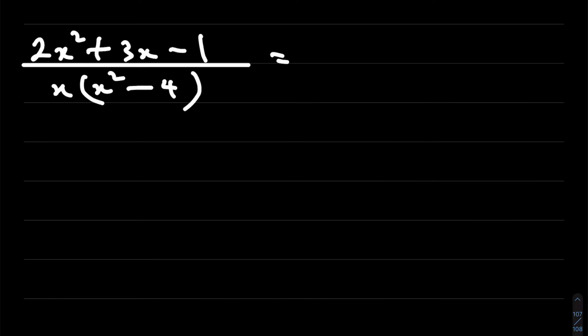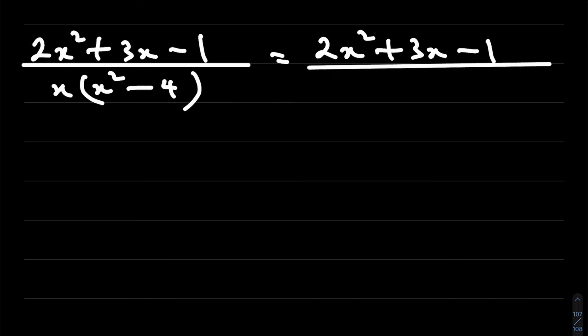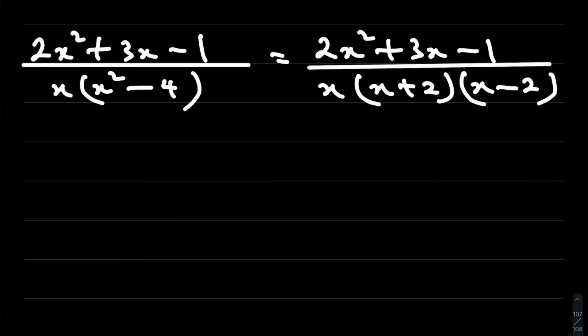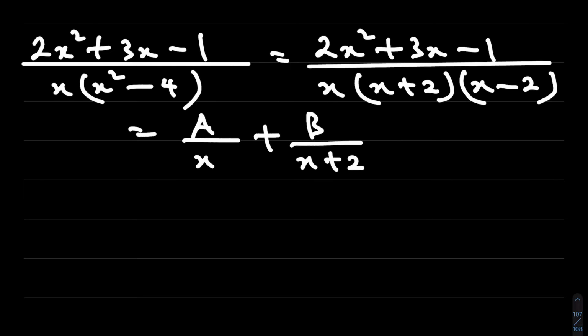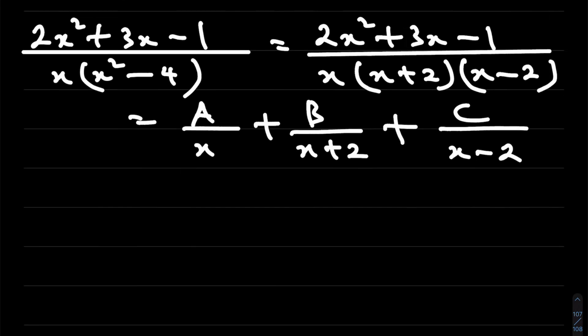First of all, we can write the denominator. The fraction is the same as (2x squared plus 3x minus 1) over x into bracket x plus 2 times x minus 2. And that simply means A over x plus B over x plus 2 plus C over x minus 2.